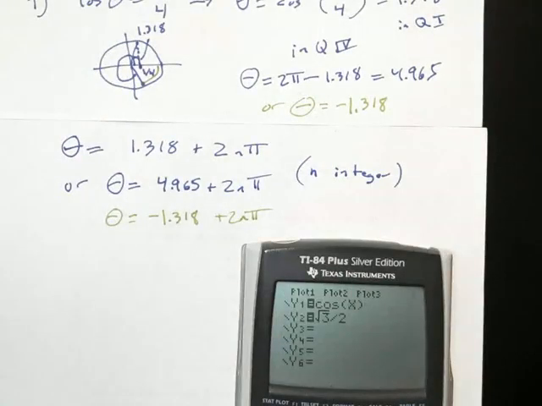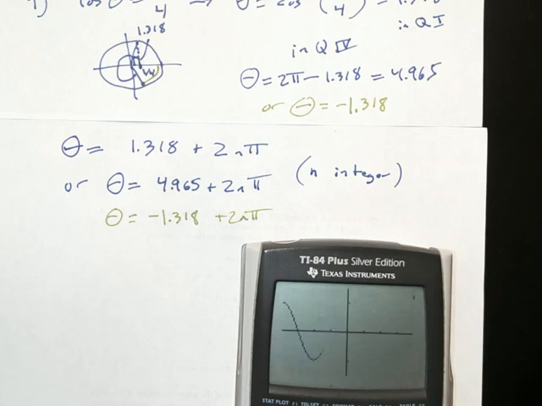So this graph, instead of sine, is now cosine. And instead of root 3 over 2, I have a quarter. I'm on the same window. Boom. If I'm correct, on the right-hand side of this graph, those should cross at 1.318 and 4.965.